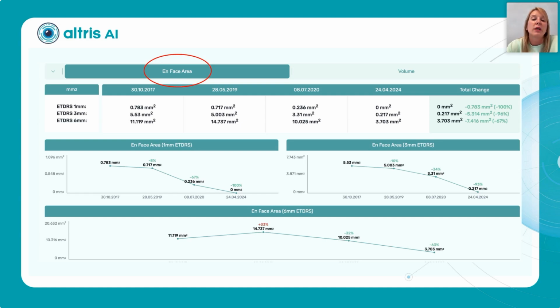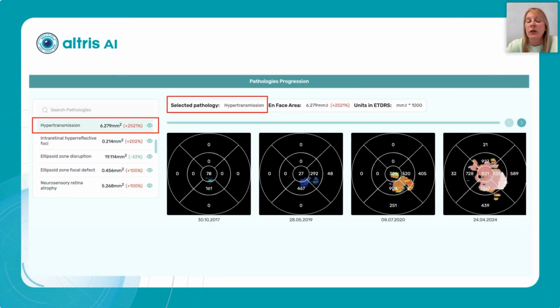And also we can explore different biomarkers. Let's see the hypertransmission. We can see no hypertransmission was detected in 2017, and in 2019 we can see some blue areas close to the center that have appeared, and hypertransmission is a biomarker that tells us about the atrophy of retinal pigment epithelium.